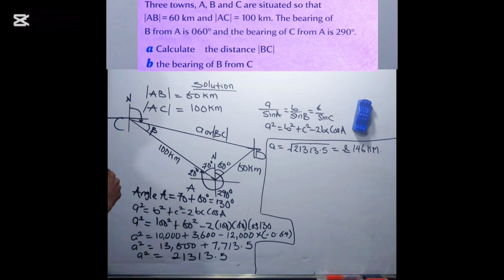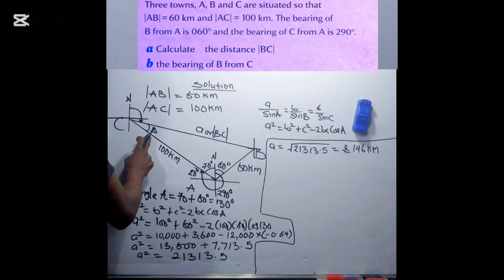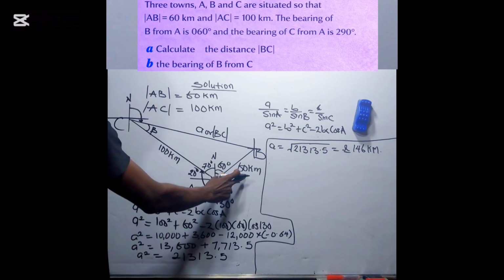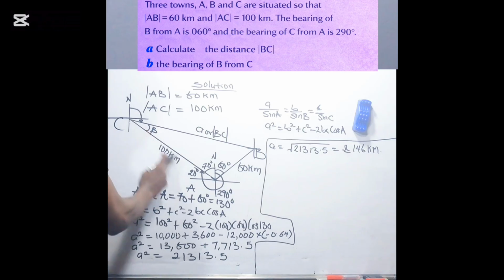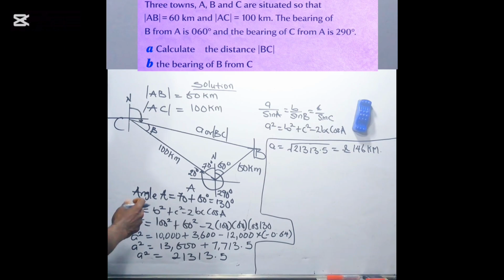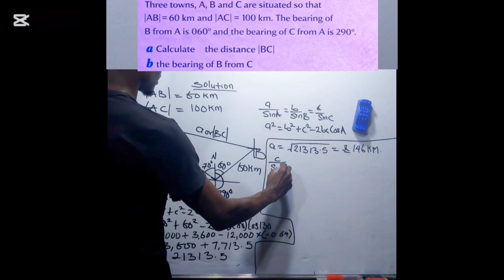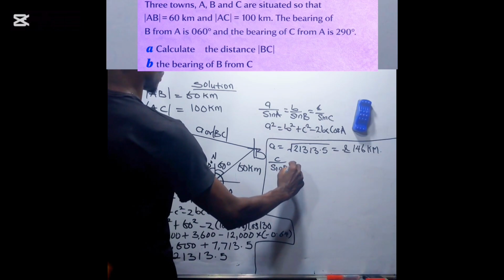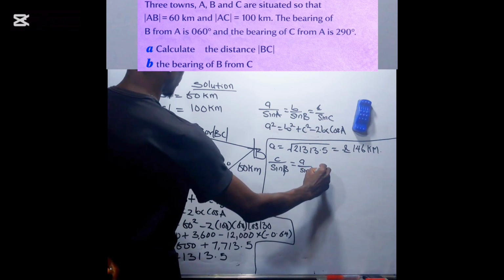Let's call this beta, which is the angle on C. To get the angle beta here, let's use the sine rule, which is C over sine beta equals A over sine A. C over sine beta equals A over sine A.